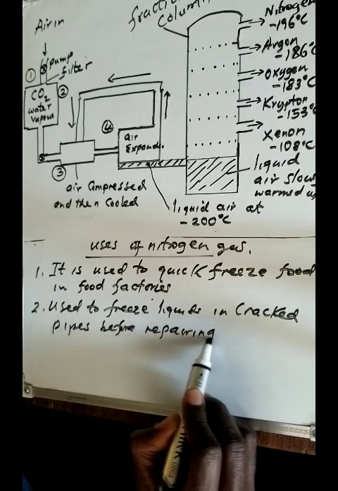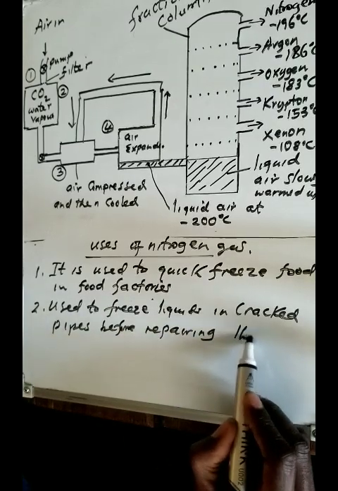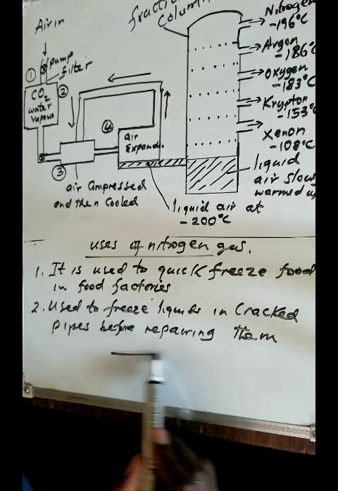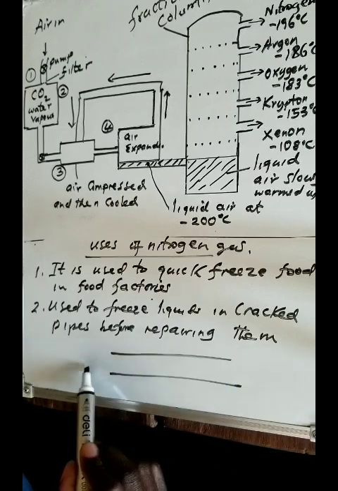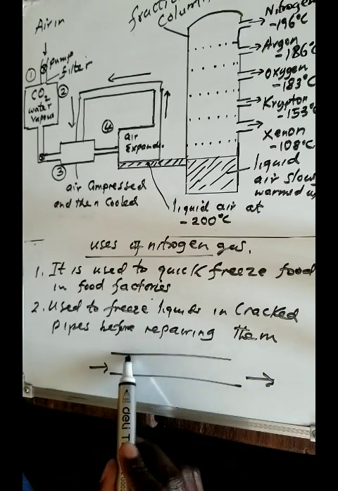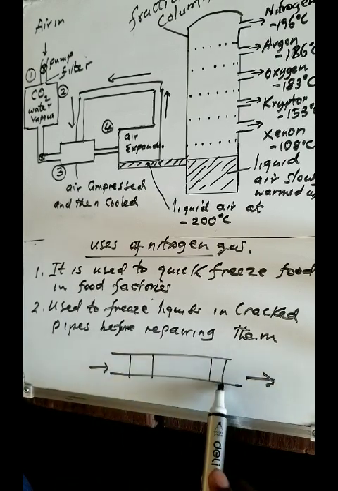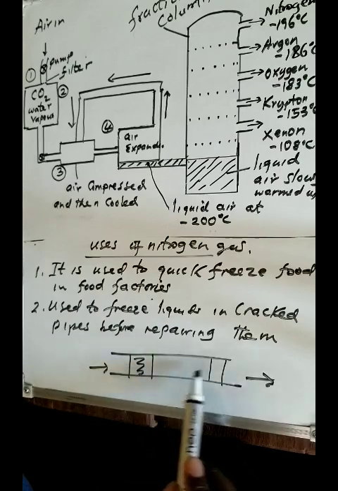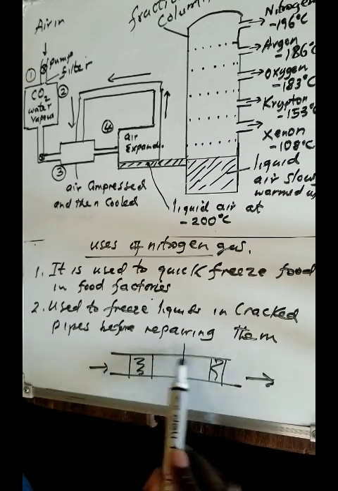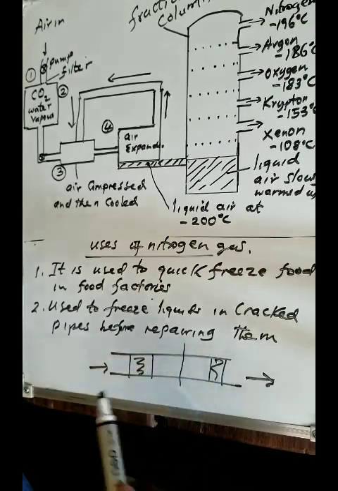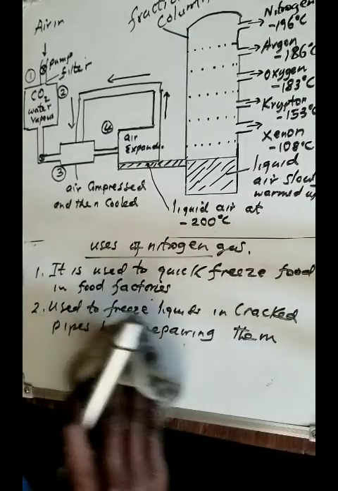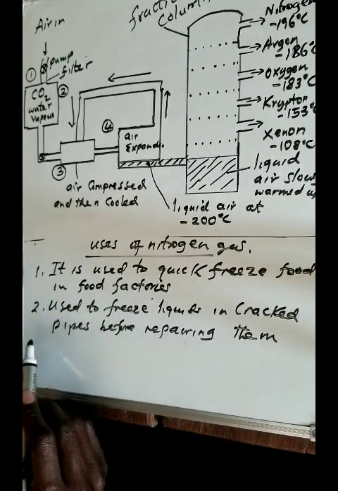If the pipe is cracked, if this is a pipe and water passes in that direction, they may freeze this side and that side, so that the liquid, once it becomes frozen, they'll cut this pipe and repair the damage that is there. Then they are going to unfreeze it so that water can continue to pass.